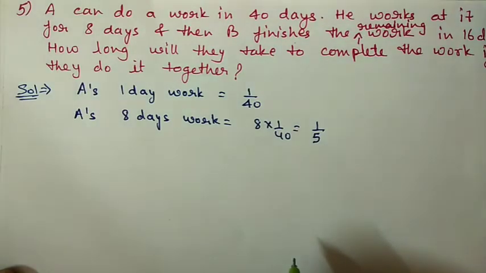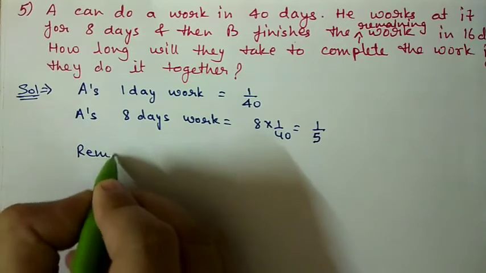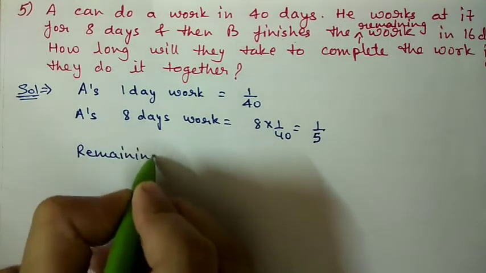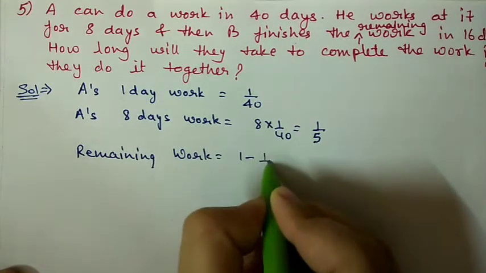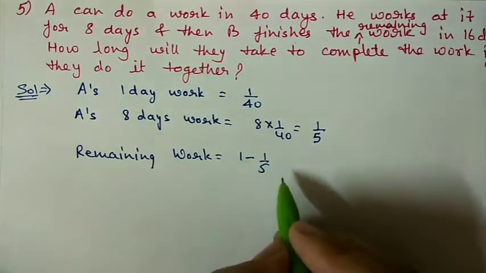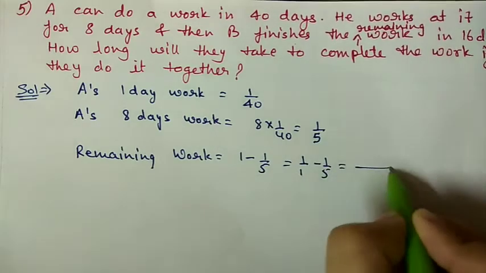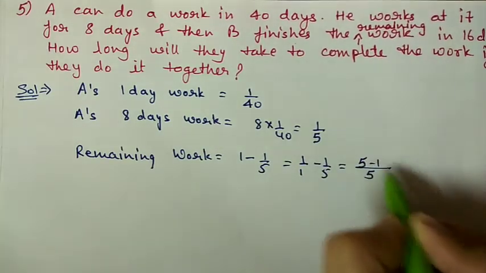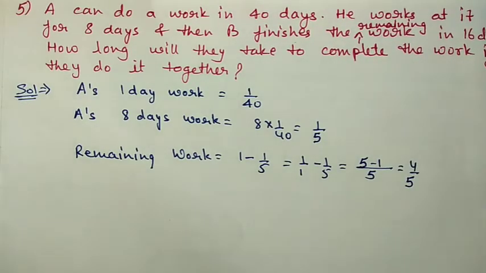It means A has completed 1 by 5 work. Now remaining work will be 1 minus 1 by 5. Always total work is 1. Then take LCM. LCM will be 5. 5 minus 1 we will get 4 by 5. It means 4 by 5 work is remaining.